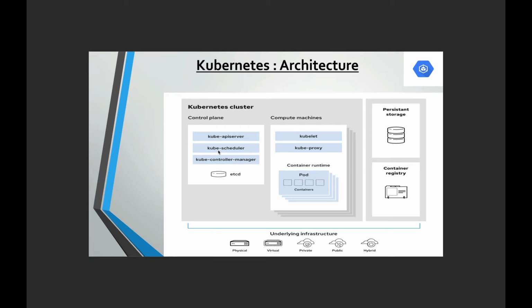Coming to the next component of the control plane, which is Kube scheduler. This handles the needs of the pods or containers, like which node should have the provisioning of the pods and all. So it takes care of that part. It also helps to regularly check the health of the cluster. Then coming to the Kube control manager part, it has a number of controller functions.